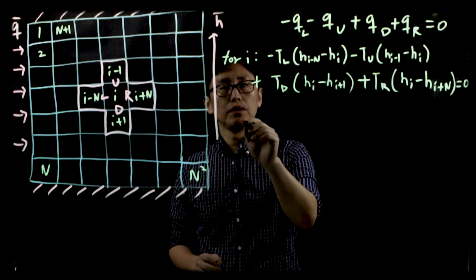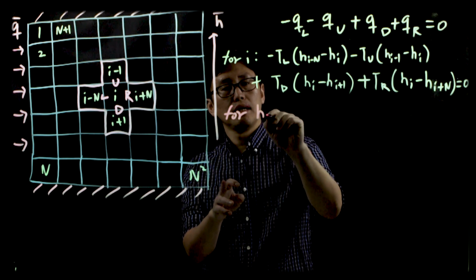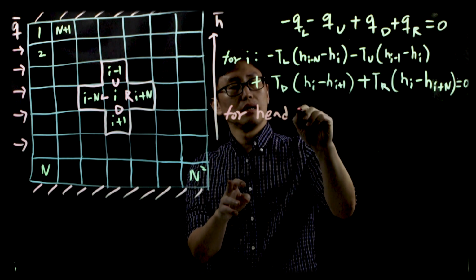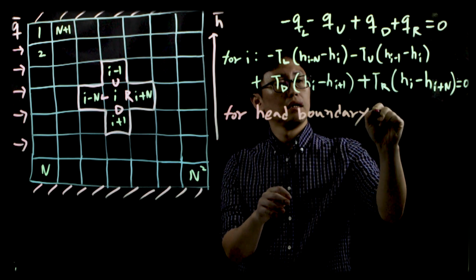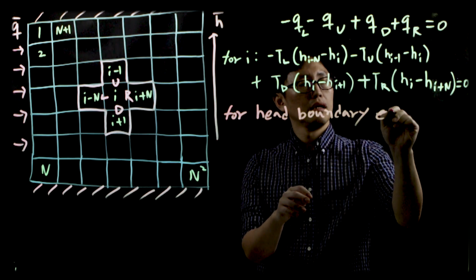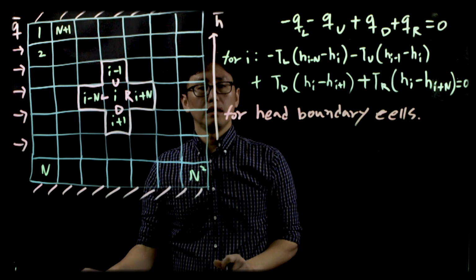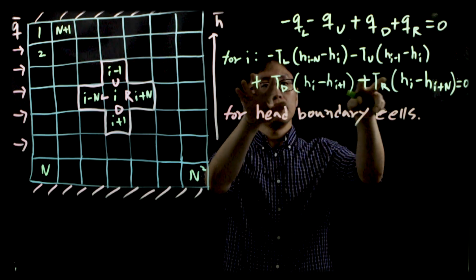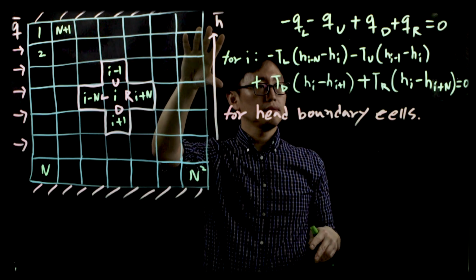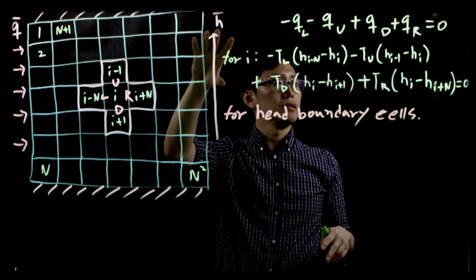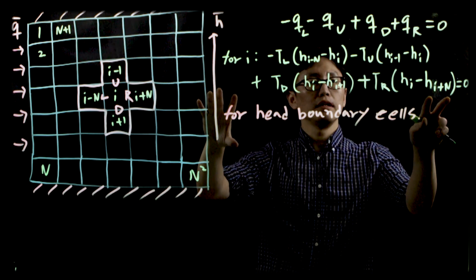And let's move on to the head boundary cells. So for head boundary cells, we have this equation again, but we have to consider the head boundary condition, which corresponds to this term H(i+n), right?